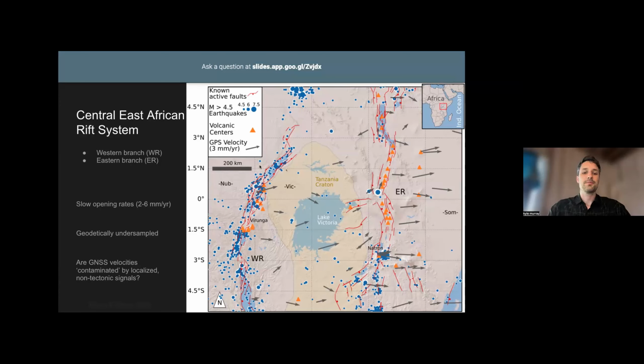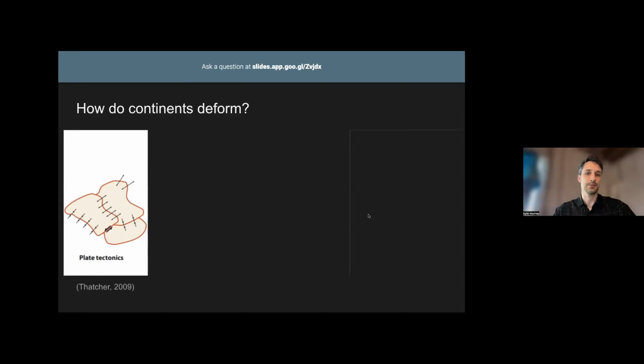For example, if any station is affected by groundwater withdrawal or by volcanic inflation or something like that, those will propagate errors and misinterpret the tectonic signal unless we properly account for those effects. That's generally what motivated the work.